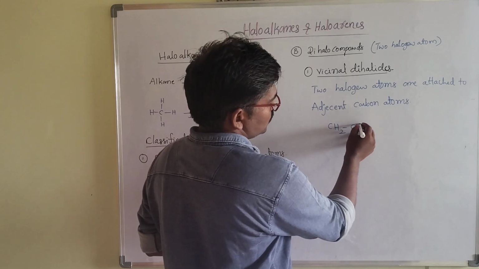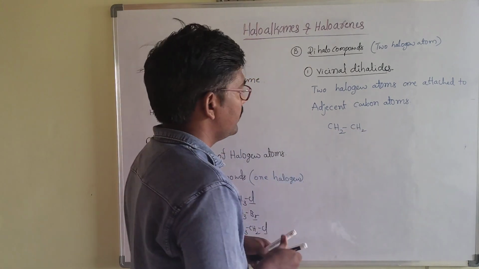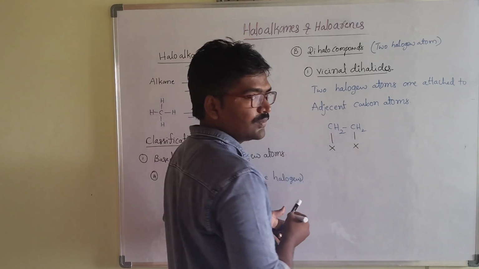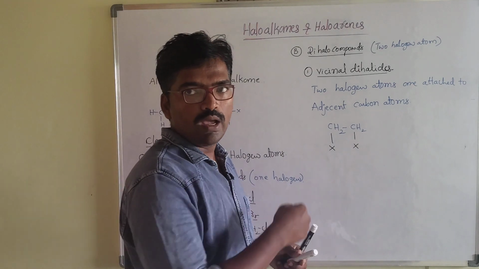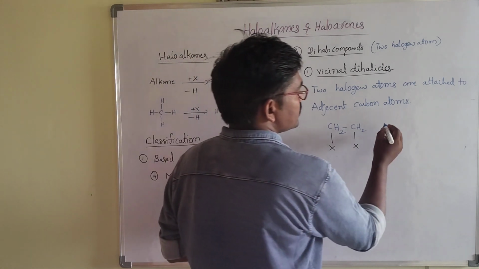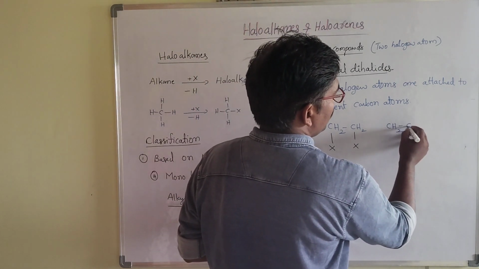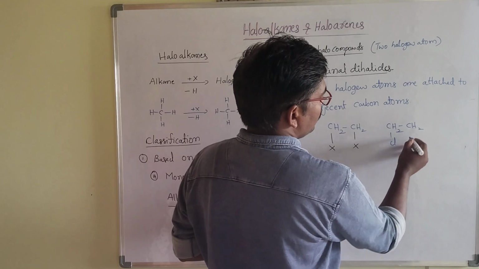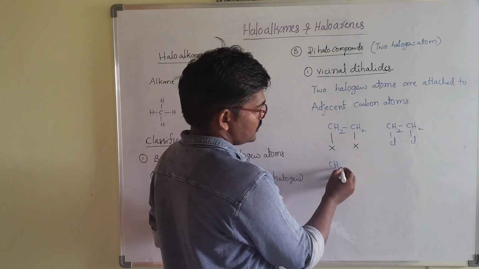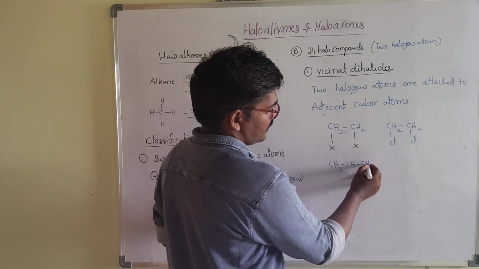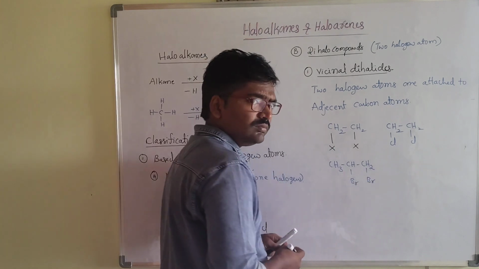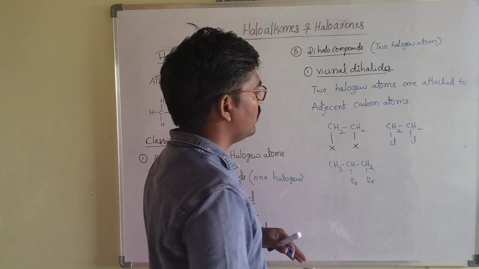How? CH2 bond CH2 is there like this, and a halogen is attached to each carbon. So 2 halogen atoms are attached to adjacent carbon atoms. One more example: CH2 bond CH2 with chlorine in adjacent positions. Then CH3 bond CH bond CH2 with bromine attached, we call 1,2-dibromopropane.